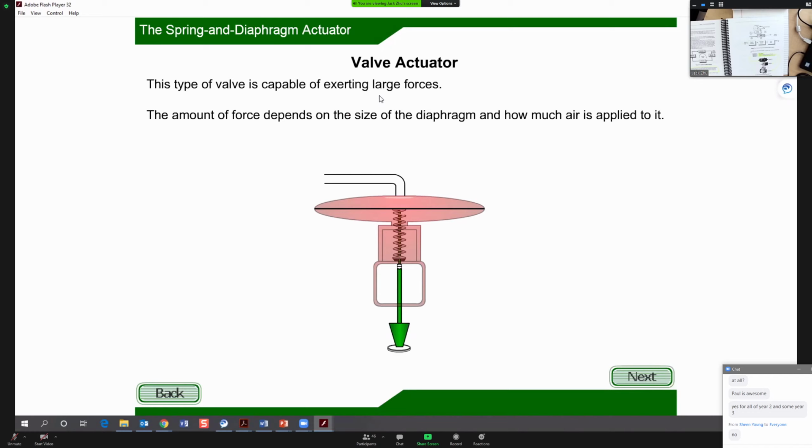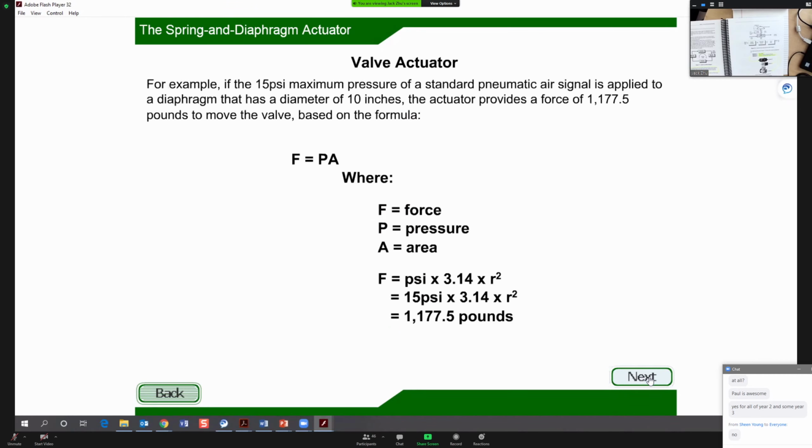This type of valve is capable of exerting large force. The force depends on the size of the diaphragm and how much air is applied to it. With a standard pneumatic air signal pressure of 15 psi applied to a diaphragm with a diameter of 10 inches, the actuator provides a force of 1,177.5 pounds.